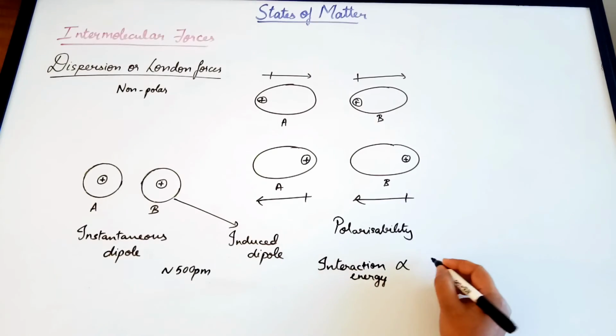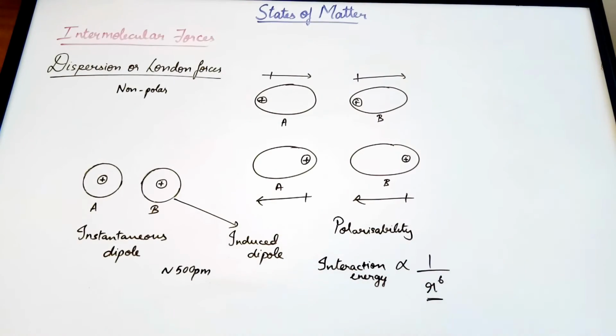Basically it means proportional to 1 by r to the power 6, where r is the distance between the two particles, which could be atoms or molecules. They are only important for short distances, and they depend upon the polarizability.